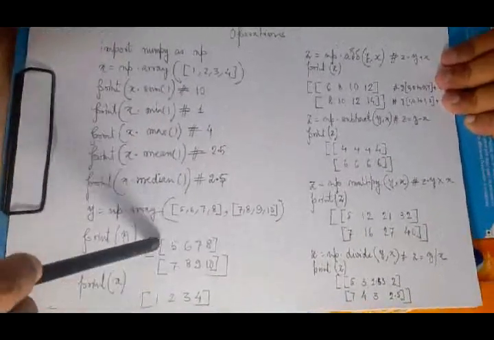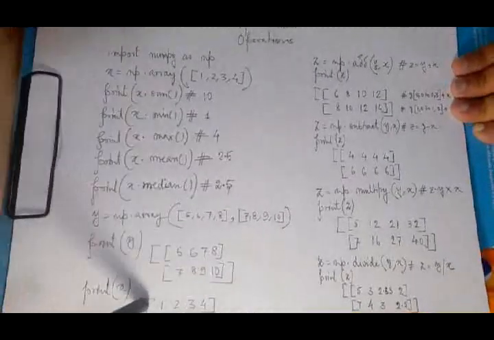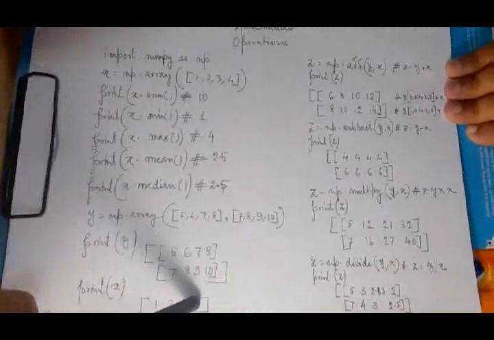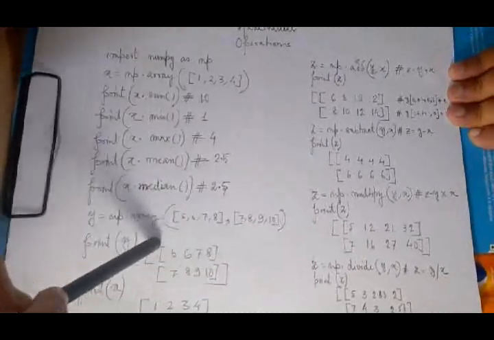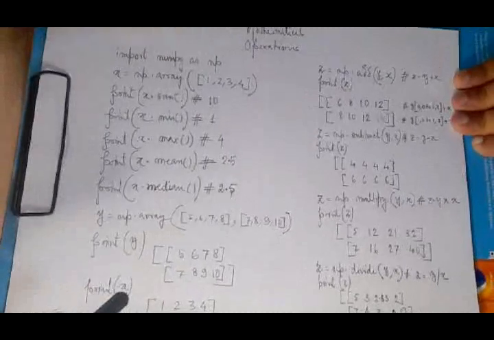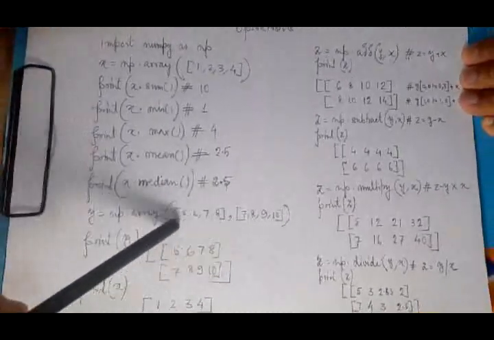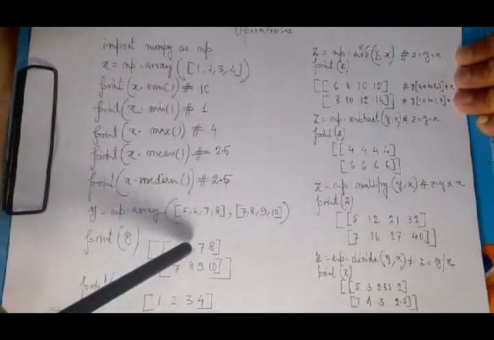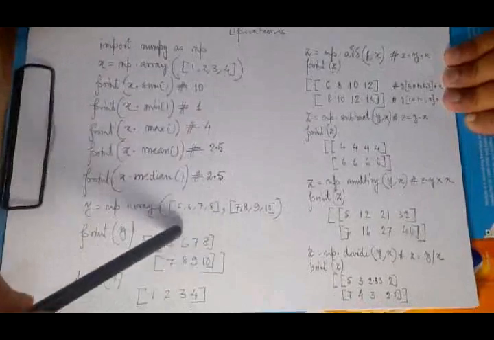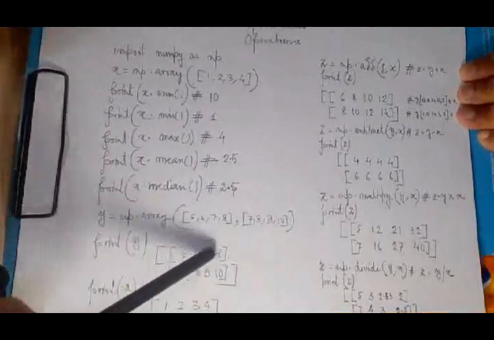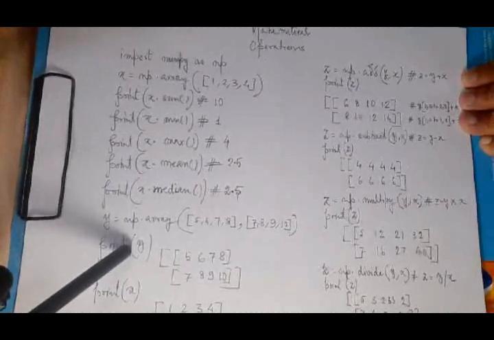When x is added to y, first the values of x will be added to the corresponding values of the first row of y.